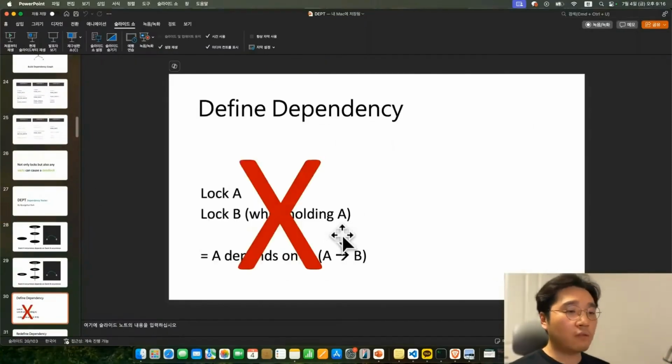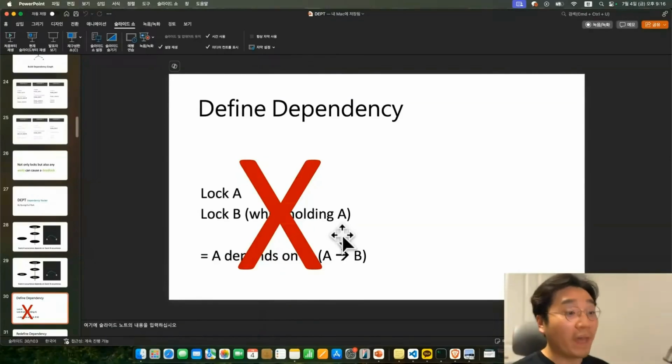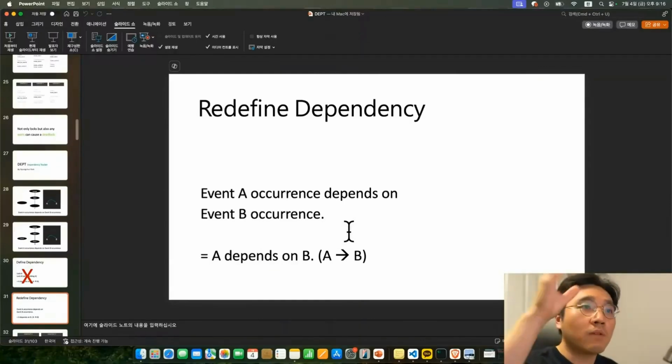So we need to redefine them, right? We need to catch not only lock, but also wait. So DEPT is defined as holding, wanting to hold some lock.